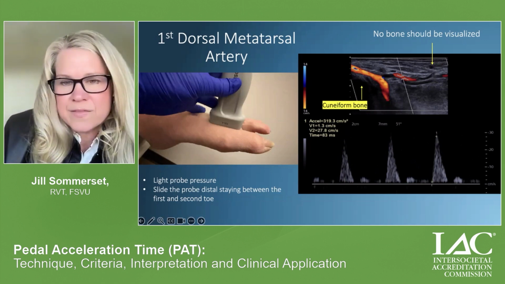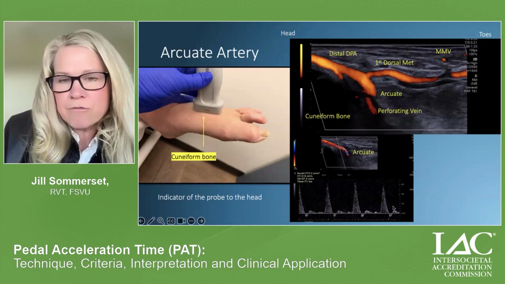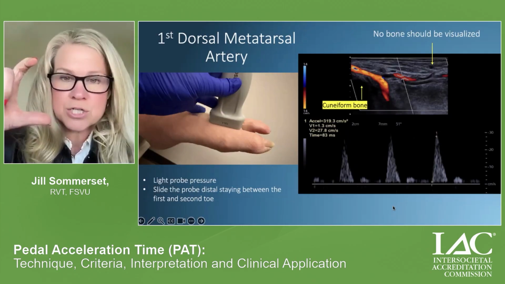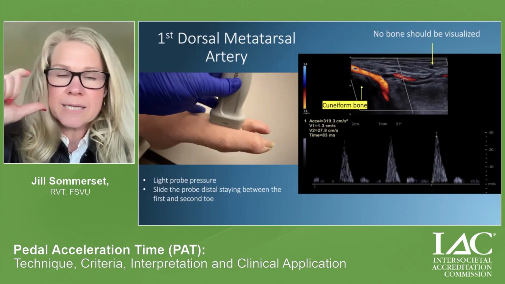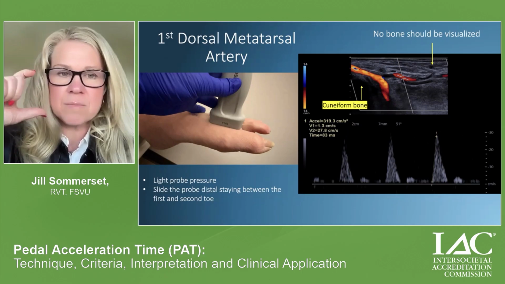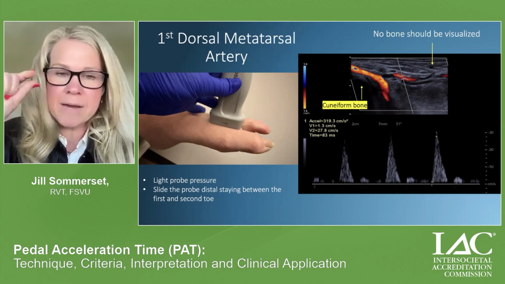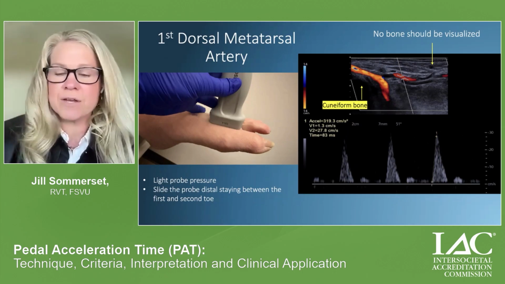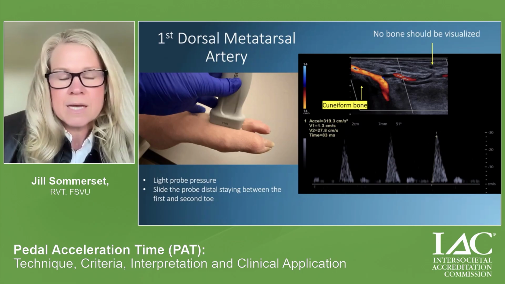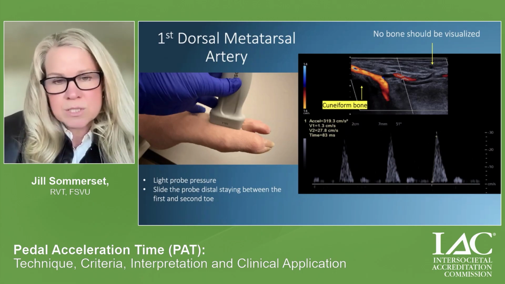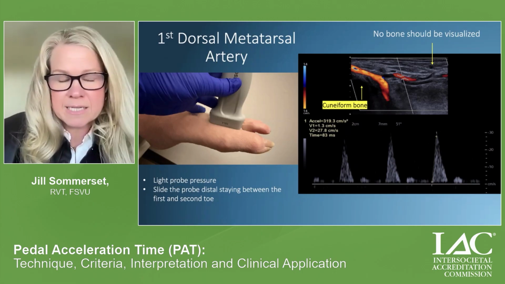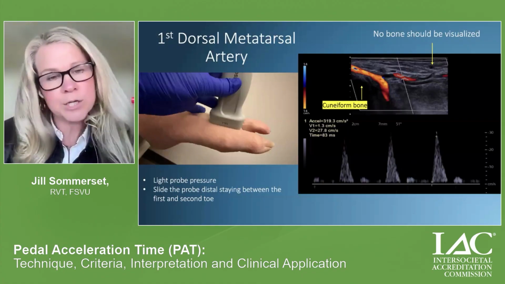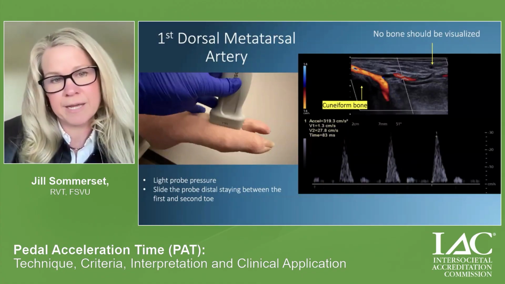And if you notice in all of these examples, the waveform is really large. I'm going to talk about diagnostic accuracy of the measurement of PAT because we can't measure a tiny little waveform. We have to have a very large waveform. So this has concluded the dorsal evaluation of PAT: wound bed, arcuate artery, and first dorsal metatarsal artery.